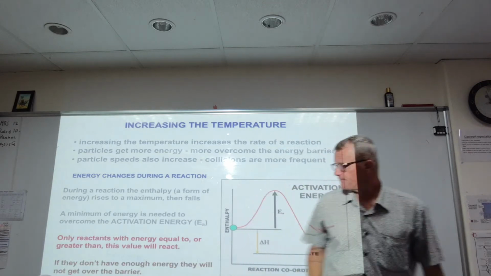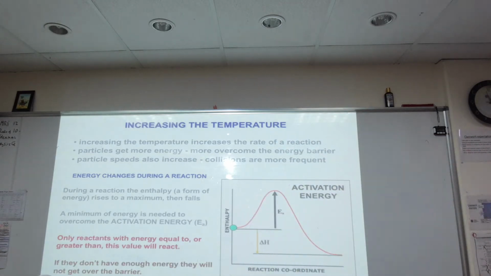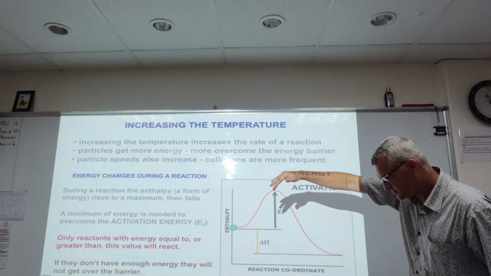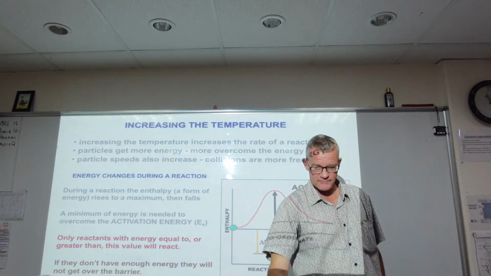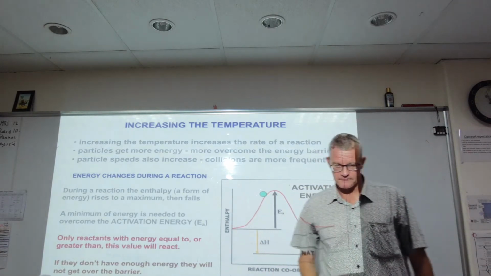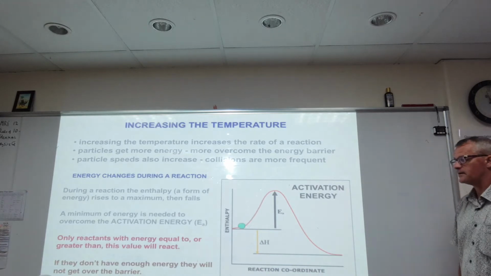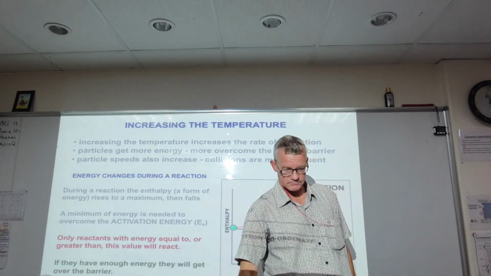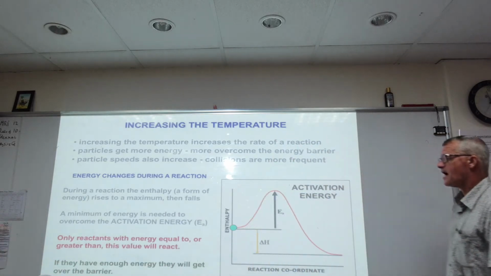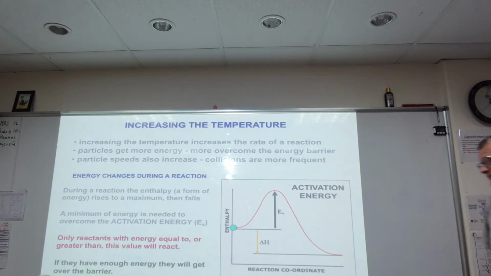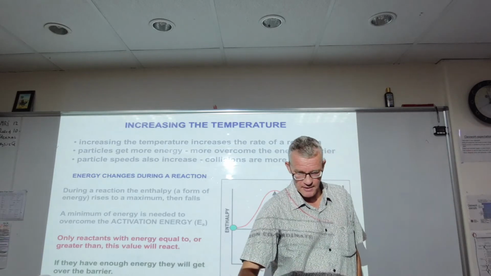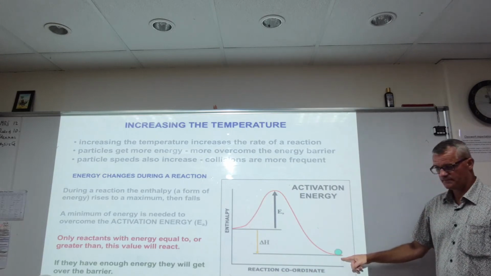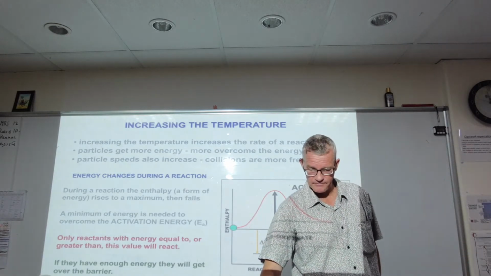It's like going over a hill, and if these particles don't have enough energy to go over the hill, no reaction will take place, and they will fall back. If they have enough energy, they will get over the barrier and a reaction will take place.